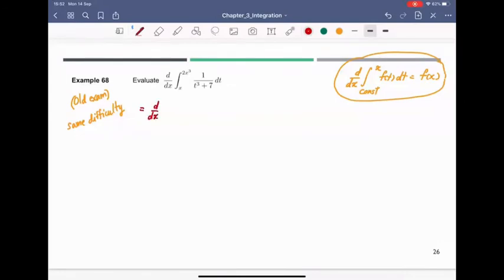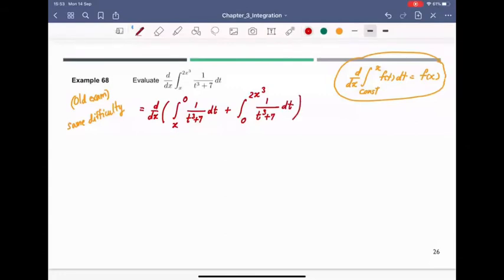So what I'm going to do first is, because I need a constant on the lower bound, split the integral at something first. So I'm going to split it into the integral from x to 0 of 1/(t cubed plus 7) dt, plus the integral from 0 to 2x cubed of 1/(t cubed plus 7) dt.